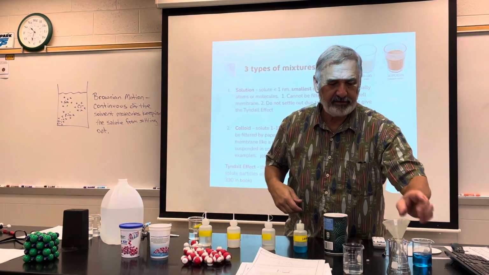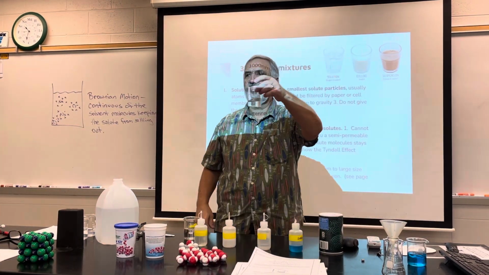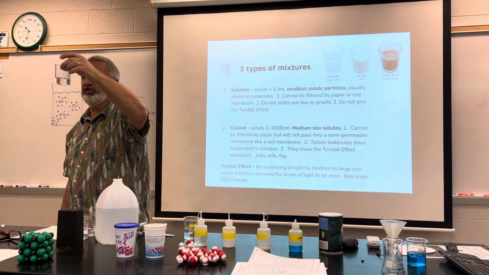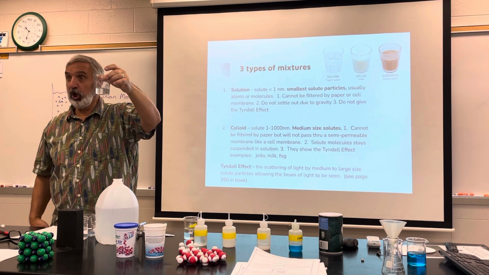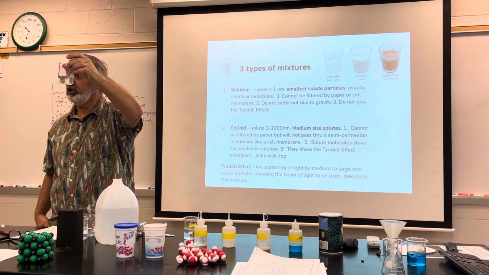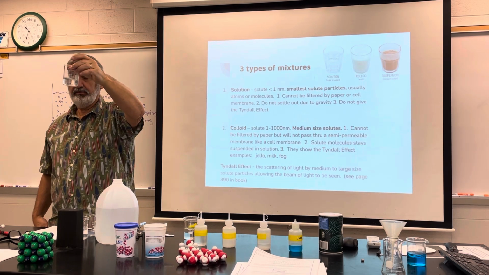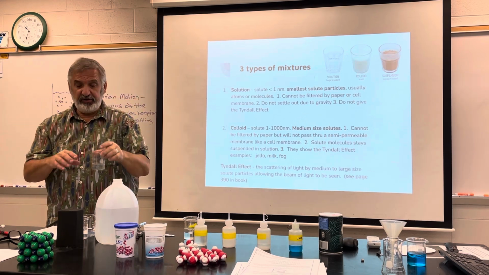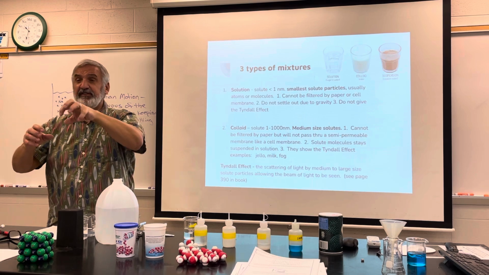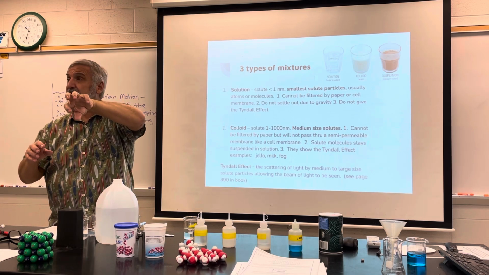Now I have another solution right here that's a starch solution. This is a colloid. It looks just like a normal solution. Okay? It looks homogeneous. Now, colloids are the medium size, and if it's on the small size of a colloid, it's going to be homogeneous.